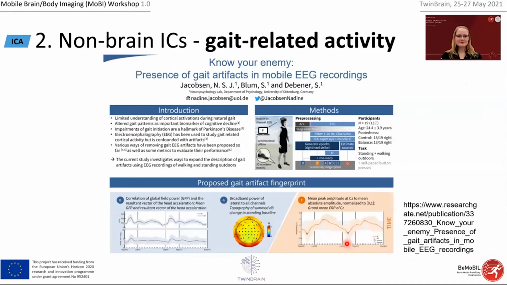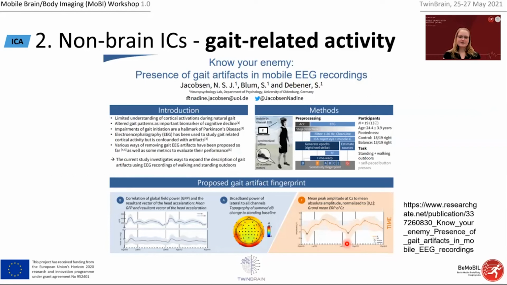So getting towards the gait-related activity, I just want to reference this poster of Nadine. I chatted with her yesterday, and I think we are equally happy to hear that others experience similar things when looking into MoBI data. This was my first finding when I was looking into a weird pattern in my mobile EEG data.